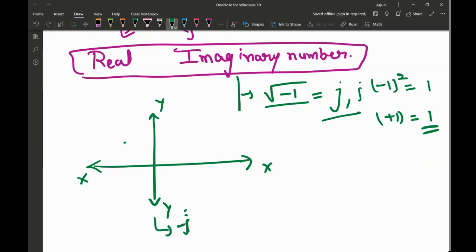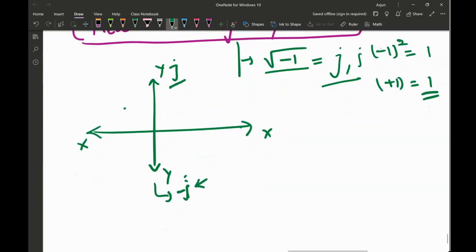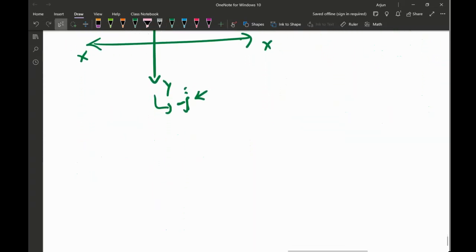So j will be negative here. If I have to represent something negative, it will be represented here. If I have to represent something positive, it will be represented on top here. Alright, so now let's look more deeply into the imaginary numbers.